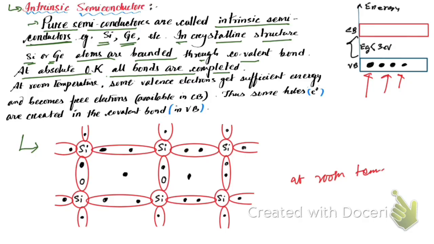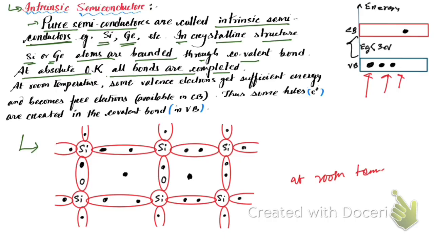So a few electrons from the valence band will be free at room temperature. That means from the valence band they will jump to the conduction band, and a hole will be created in the valence band.